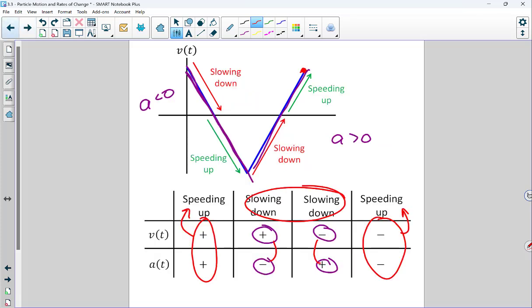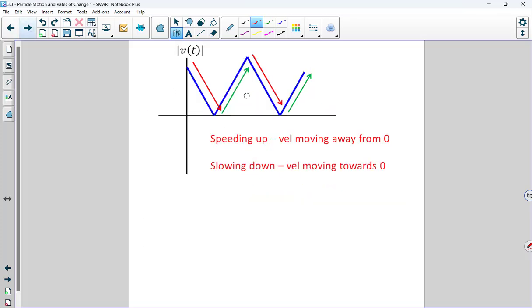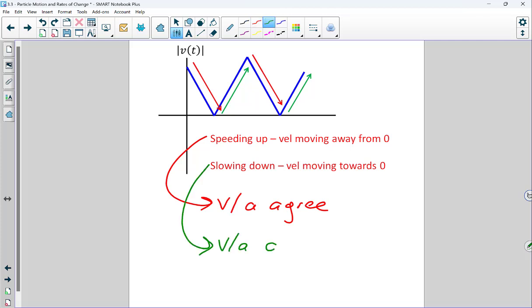Here is the same velocity graph, but it's the absolute value, so anything that was below the x-axis just gets flipped up. Speed decreasing, speed increasing, speed decreasing, speed increasing. Or we can simply say that speeding up, velocity and acceleration agree. Slowing down, velocity and acceleration disagree.